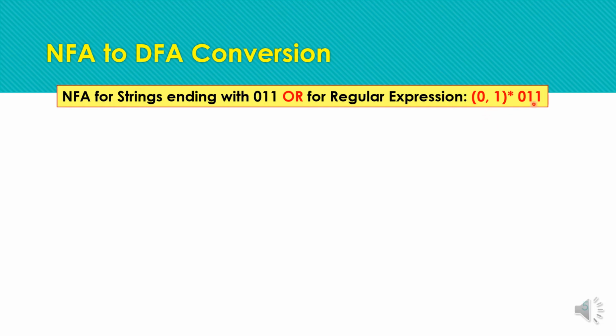As it is clear from the regular expression, the star indicates 0 or more symbols, meaning the 0 or more symbols received here must end with 0, 1, 1. The ending pattern is 0, 1, 1. Whatever we receive before this is acceptable. So instead of constructing a DFA we are going to construct an NFA, because NFAs are easier to construct.